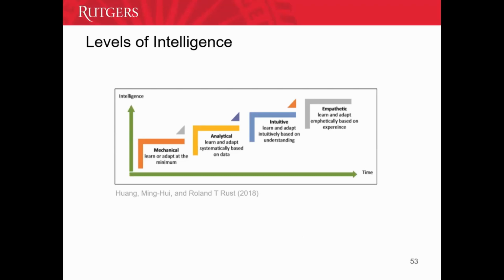So there are four main levels of intelligence. The first level of intelligence is mechanical intelligence. Mechanical intelligence basically enables AI to learn and adapt at the bare minimum. And remember, I talked about robotic process automation in the previous slides.